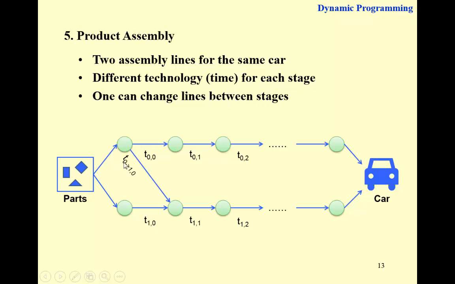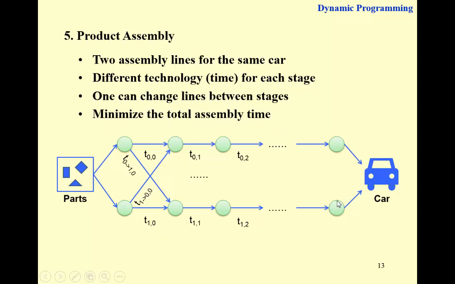We can move from this stage to the next stage, but jump to the other line. All right, and that also costs. And similarly, we can jump from this line to that line with some cost. And our task is to minimize the total assembly time.